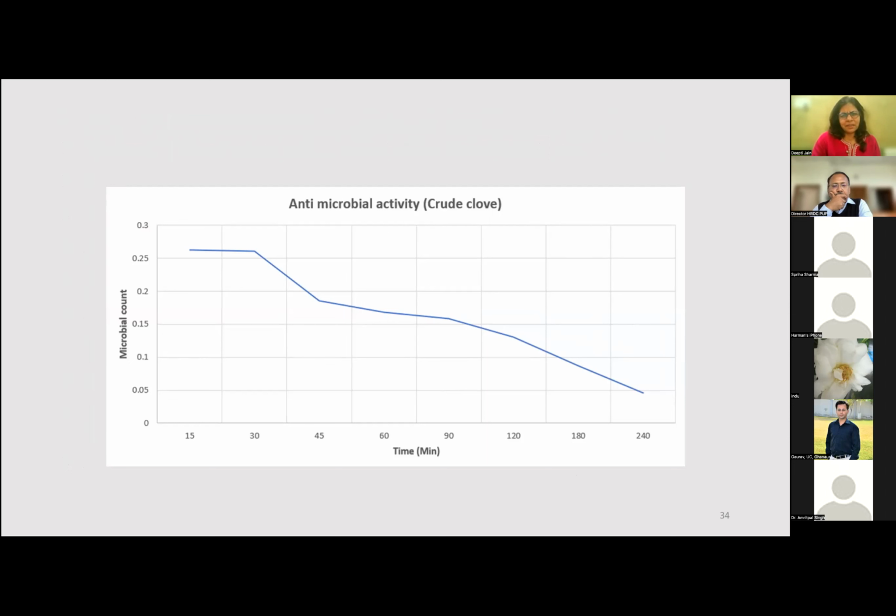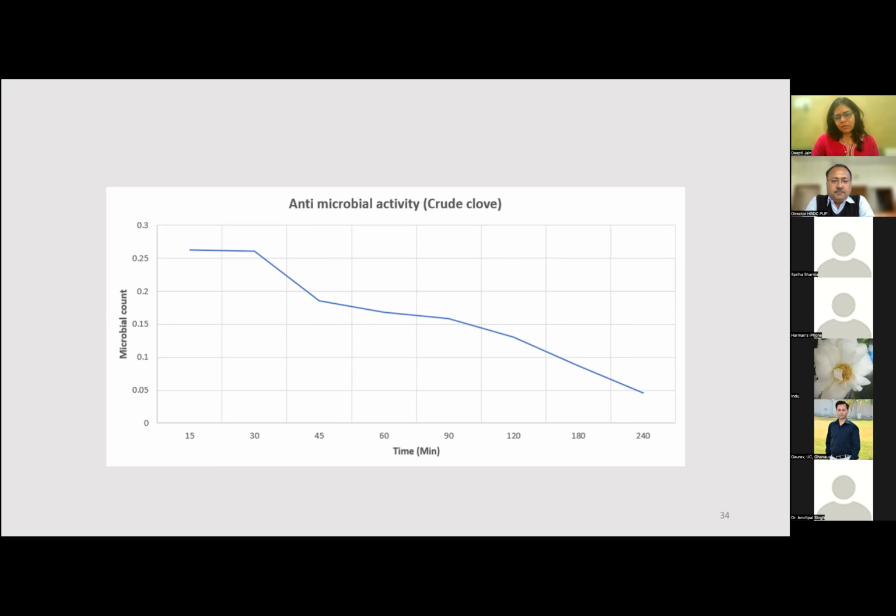But at a household level, clove buds are good enough. Similarly, we can plan many more experiments, and it is showing good activity.